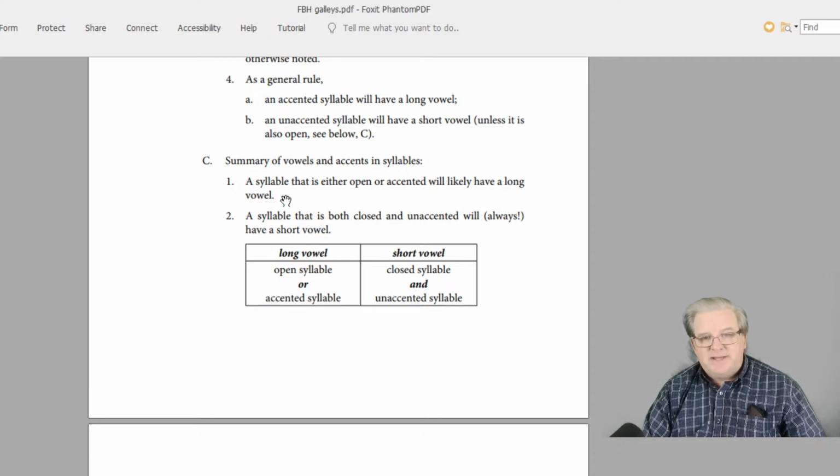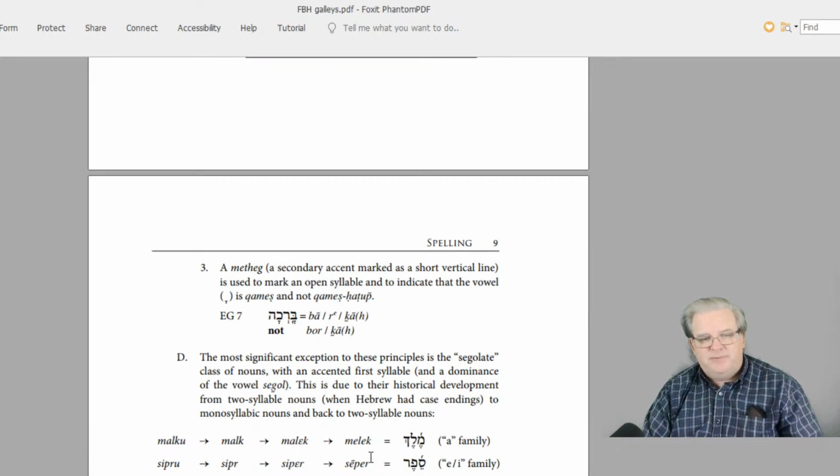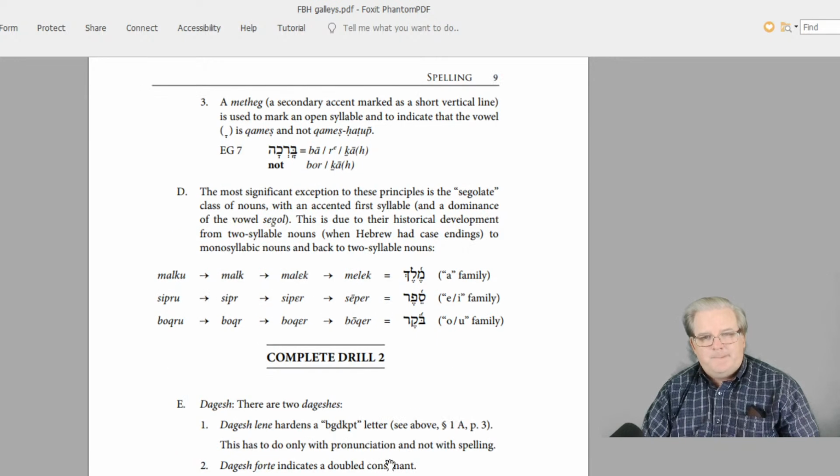A syllable that is either open or accented will likely have a long vowel. Well, could an open syllable have a short vowel? No. Will an accented syllable have a short vowel? Yes, sometimes. But this one wasn't accented. See? So that's what we're doing here. Metheg is pretty important to help you with the ambiguity. There's a little bit of math to be done, isn't there?